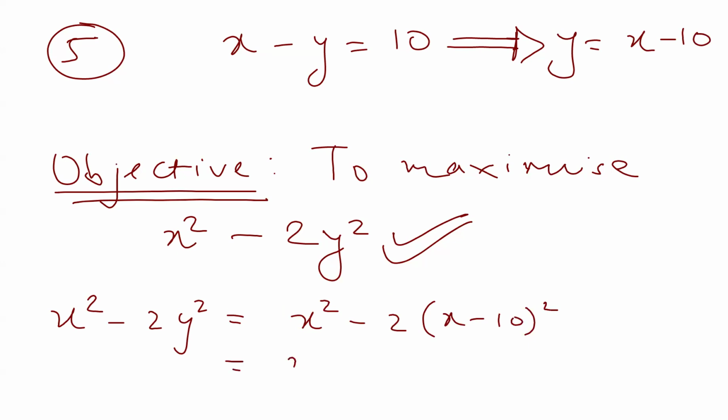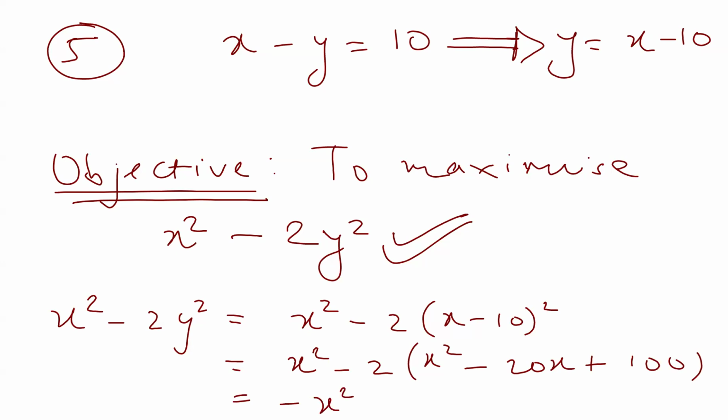Now these are squares, so it's okay to play with the expansion. X square minus 20x plus 100. So x square minus 2x square is minus x square plus 40x minus 200. This is your f of x.